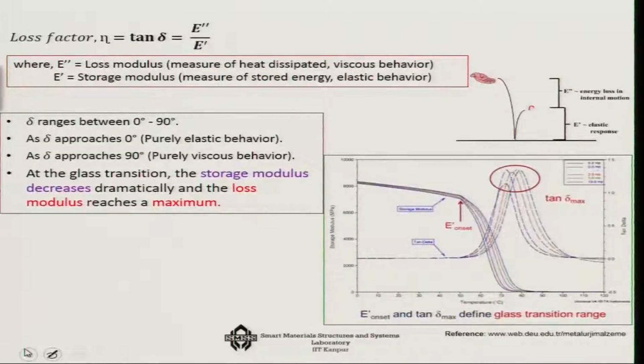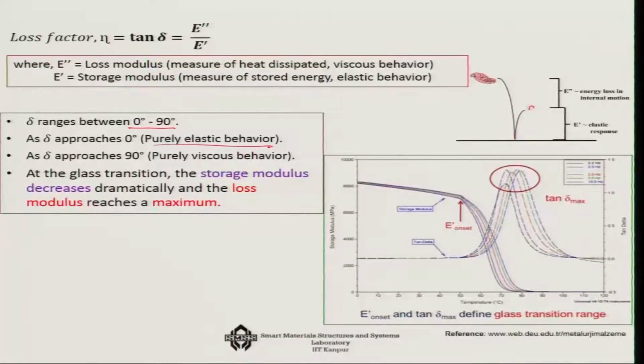Now, once we know this delta, tan delta, what is the range of delta? It goes between 0 to 90 degrees, and as delta approaches 0 degrees, you have a purely elastic behavior.